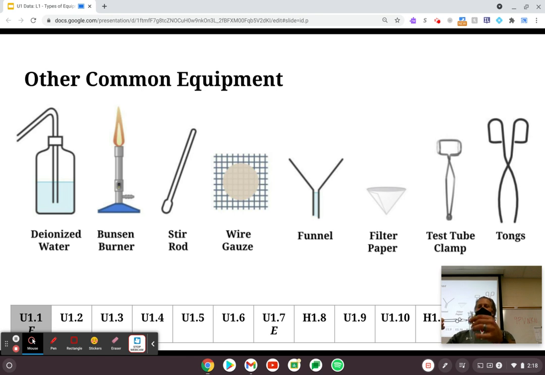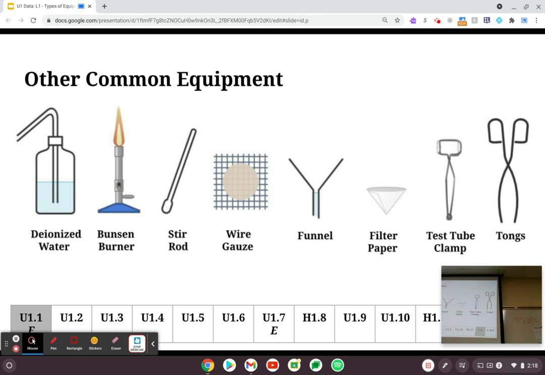That sounds like a terrible idea. And I would definitely not point the test tube away from me across the lab table because it'll become a cannon, and that sounds like a terrible idea. So if this was my lab station right here, I would maybe point it this way, like toward the window, or this way toward the wall where there's going to be nobody. Okay? So in the event that it does become a cannon and something comes out of it, it won't go into somebody's face. Okay?